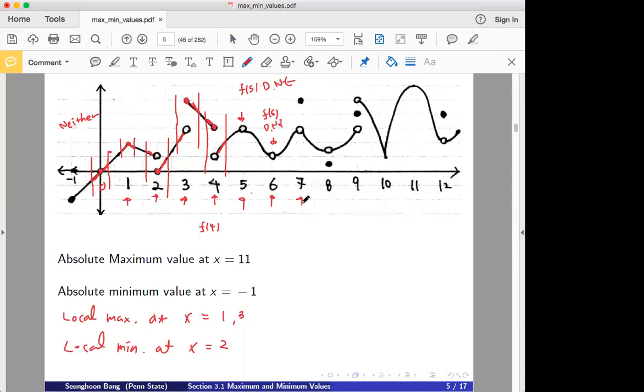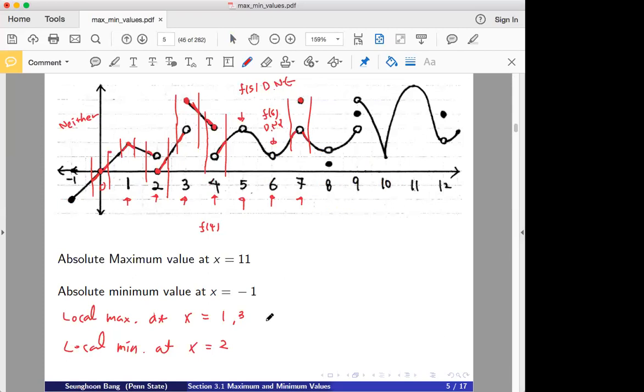How about 7? Local maximum, is it right? Local maximum? What do you think? Yeah, this is a local maximum. You can cut locally. The function value f of 7 is this closed dot. You can compare with the left-hand side. This point is higher. The right-hand side, higher.